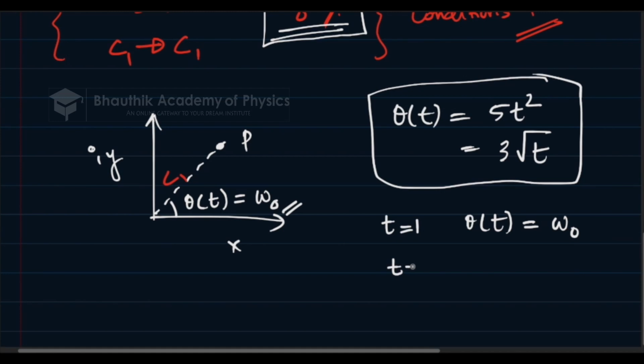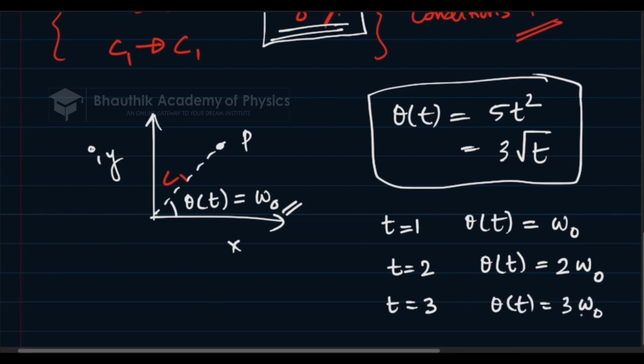Now when t equals 2, theta of t is equal to 2 times omega naught, and when t equals 3, theta of t is going to be 3 times omega naught. So this means, let's say this is my initial angle omega naught at time t equal to 1.